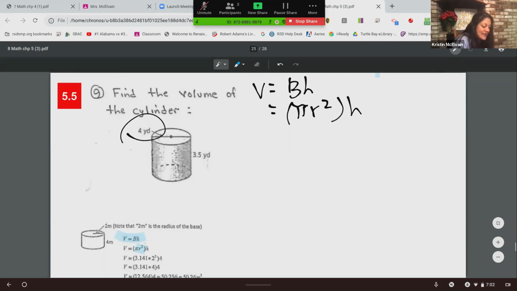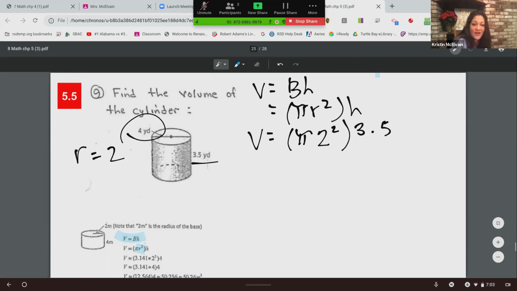We need to plug in our values. Right here, we have a diameter of 4. Radius is half of that, so radius is 2. Our volume equals pi times our radius squared times the height. Here's our height, 3.5 yards.